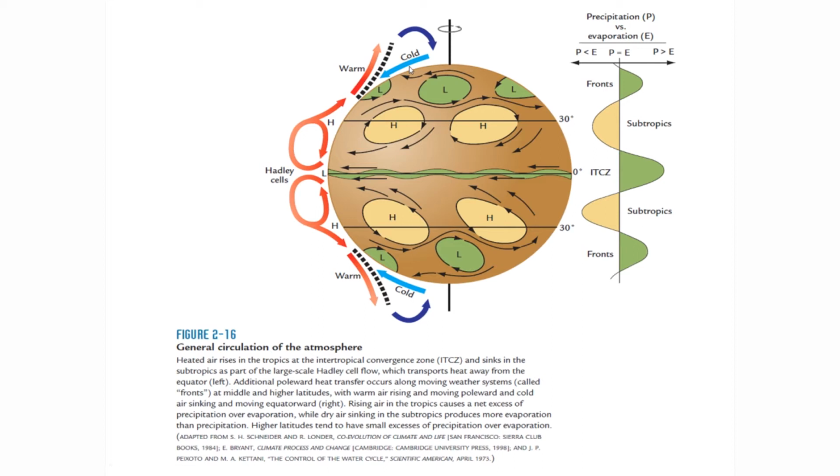Wherever there is rising motion, as we said, water vapor is going with it. As air rises, it is going to expand and cool, and condense the water that is in it, which means it is going to rain. So, wherever there is low pressure, you are also going to have rain. So, this is showing evaporation and precipitation, and essentially where it is green, you have more precipitation than evaporation.